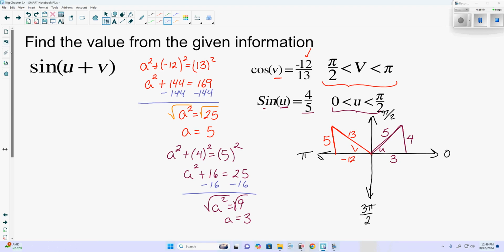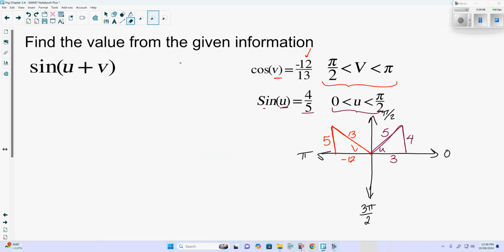Okay. I'm going to make a little bit of room. Sine of u plus v. Sine of u cosine of v, plus cosine of u sine of v. So this here is just straight from the formula. Now, out of all these, we did have some of these values to start with.